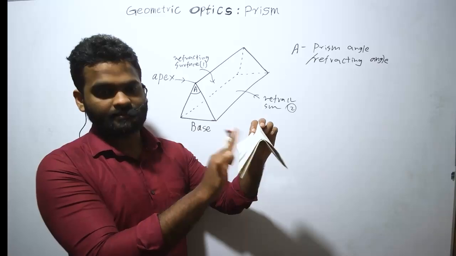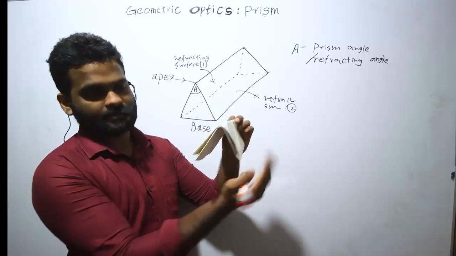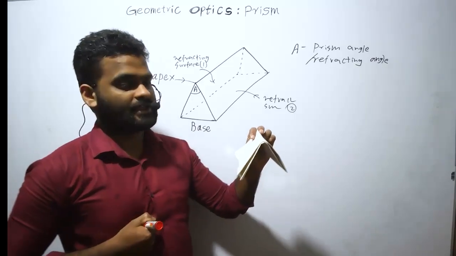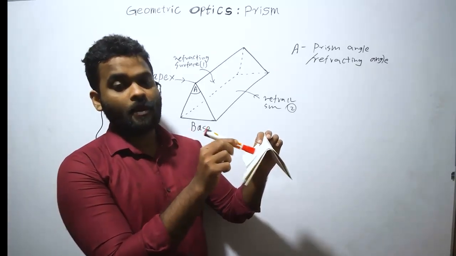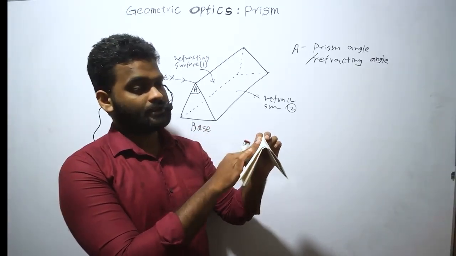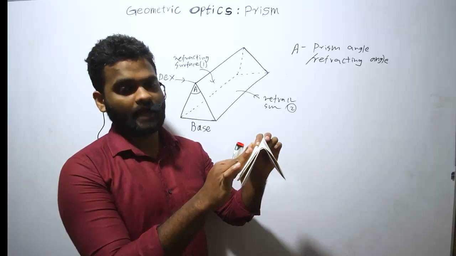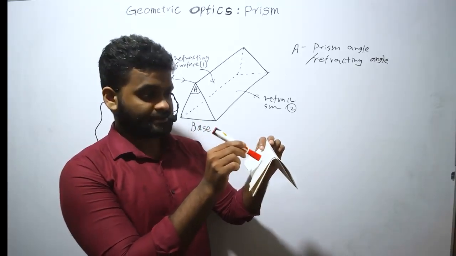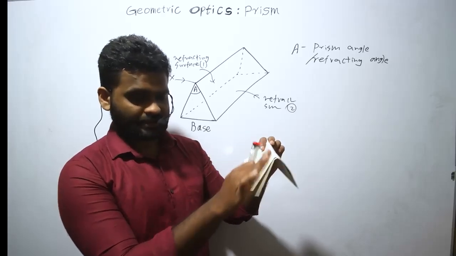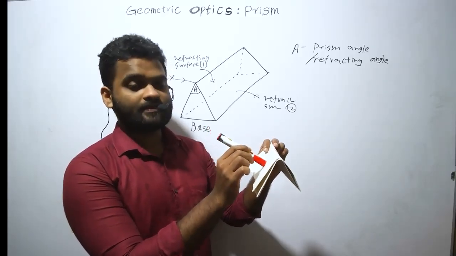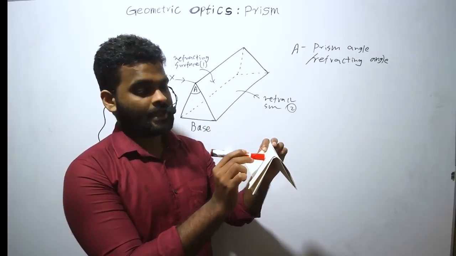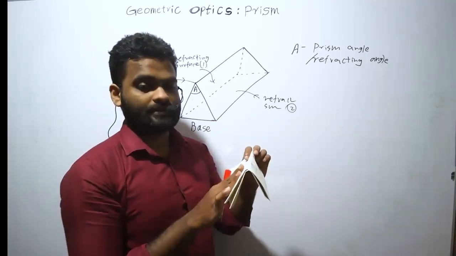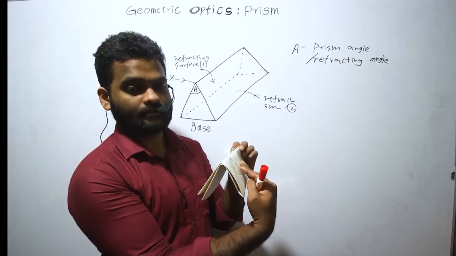This is the first refracting surface, the second refracting surface, and you have the base here, right? So we are learning about a light ray that is incident like this, and must be perpendicular to this surface. Otherwise it is complicated, right? In the syllabus we only learn about light rays incident normal to this surface, right? Then the light ray emerges from the other side. So first refracting surface, second refracting surface.